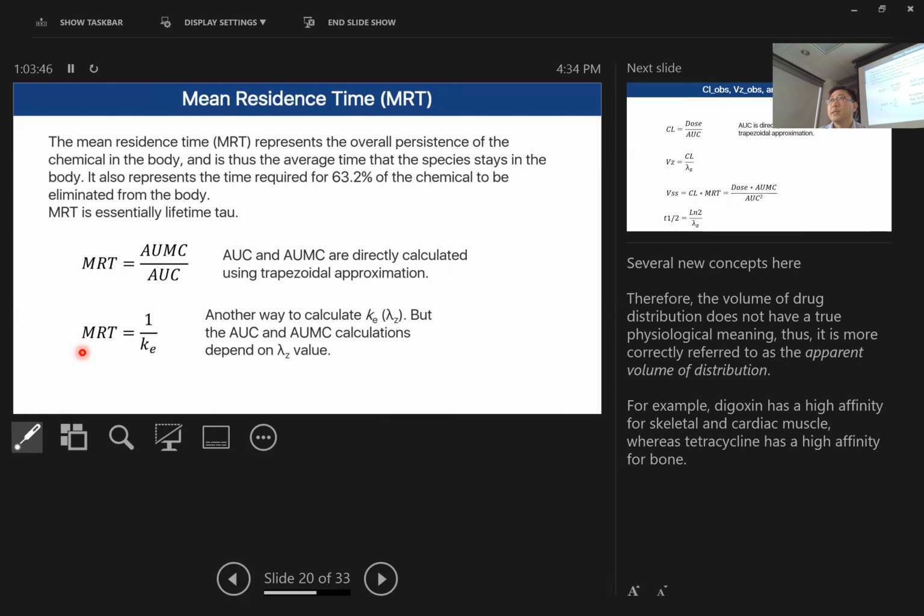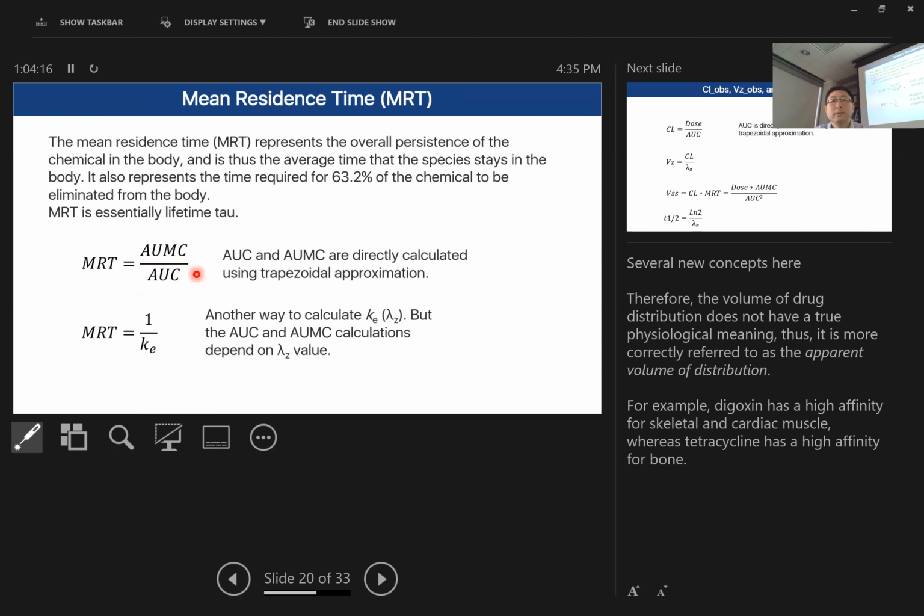Mean residence time is just how long the molecule stays in the body on average. It's essentially related to your half-life, right? So the difference there is just log 2. But, like I said, this MRT can be directly calculated using AUMC over AUC.